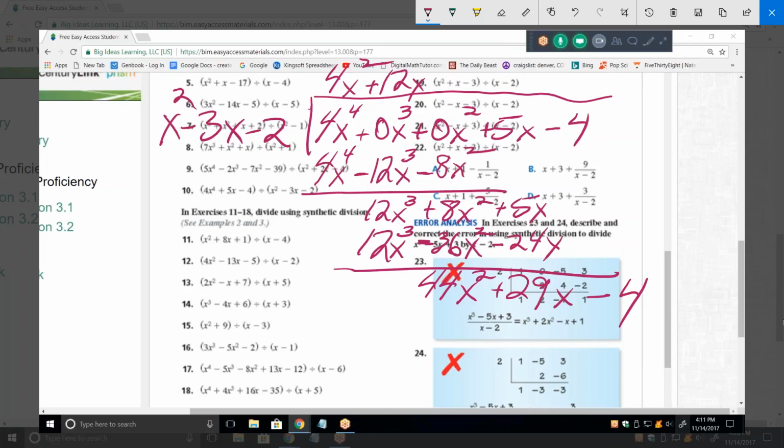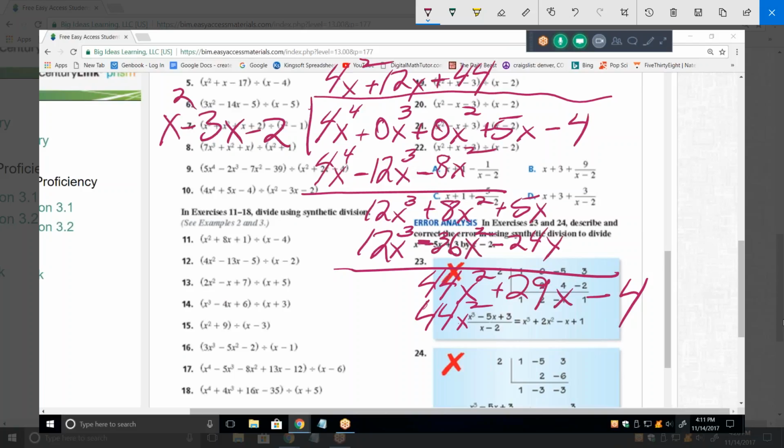Okay, and one more time. Positive 44. So 4x squared going. 3 times 44 is 132.